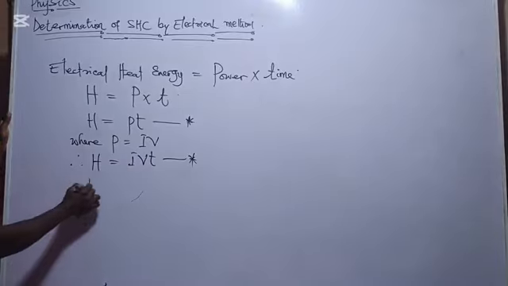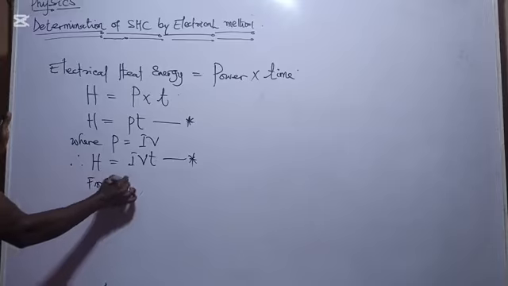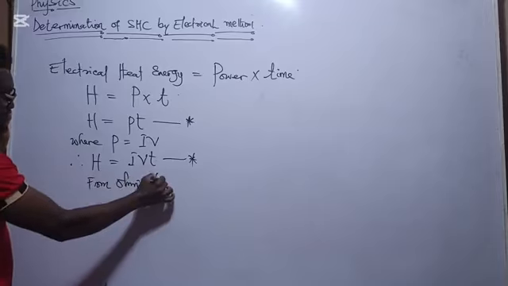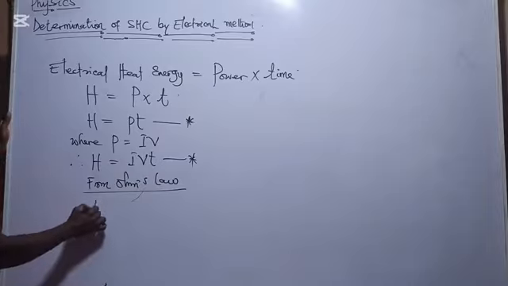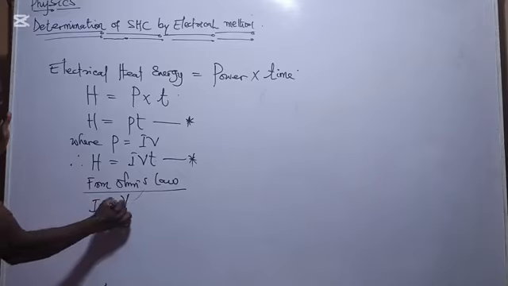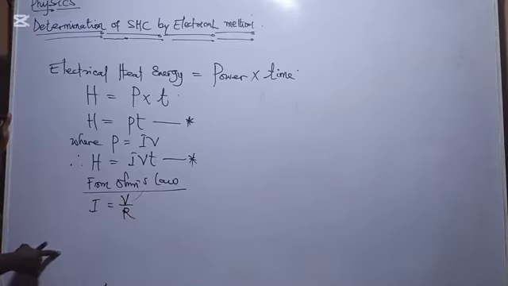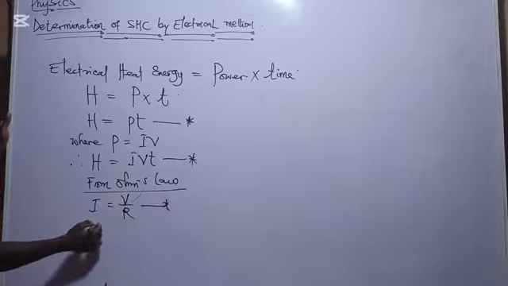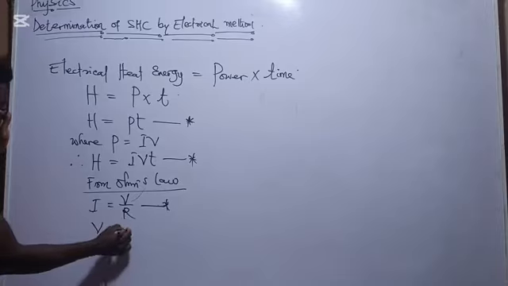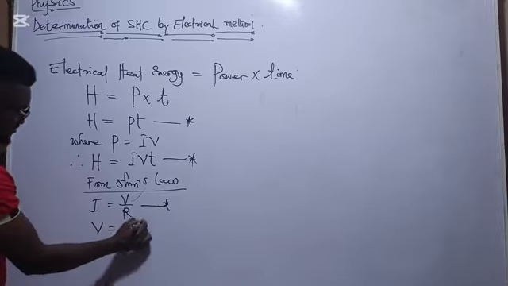Then again, from Ohm's law, current is equal to voltage over resistance. If you recall this formula, we can make V the subject. We have V equal to current times resistance.